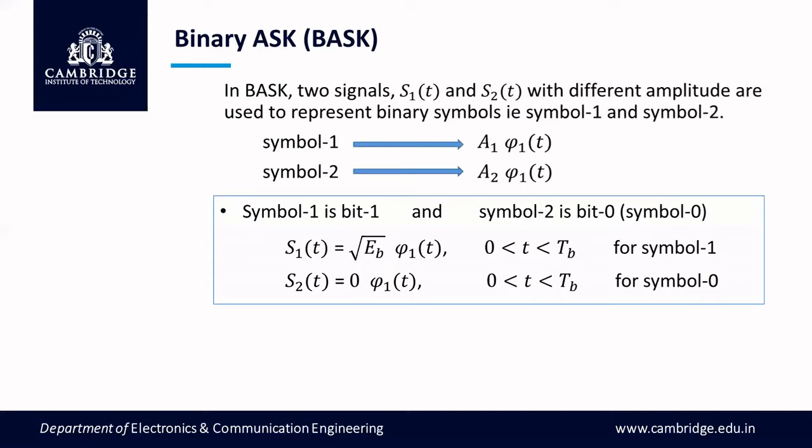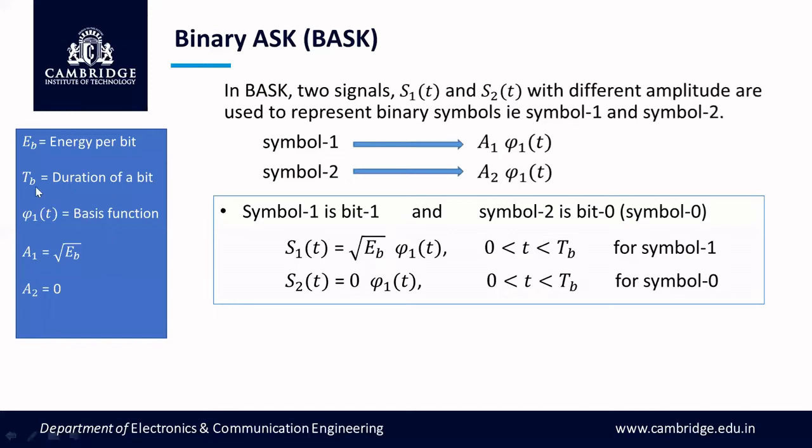Root of energy is the voltage amplitude. So we conclude that out of two signals, one has an amplitude of root Eb, and the other has an amplitude of 0. These two values will represent the binary symbols.